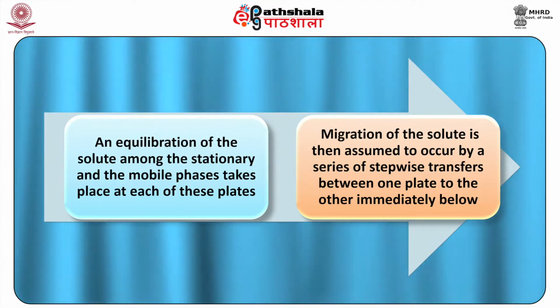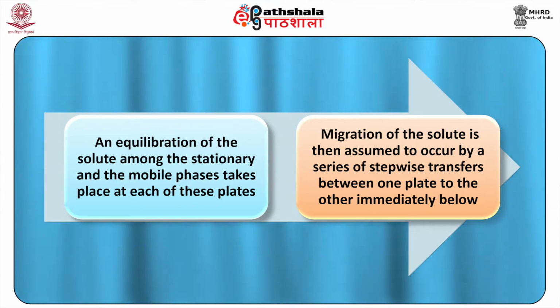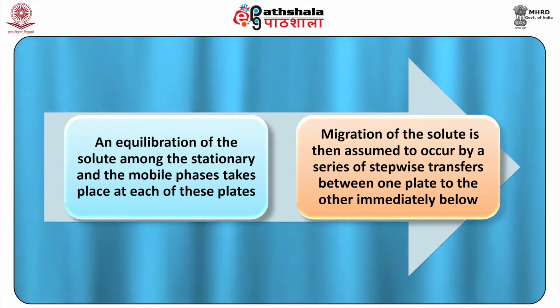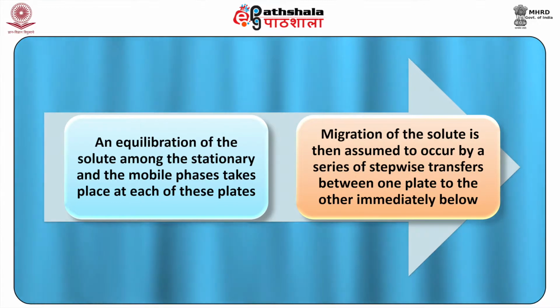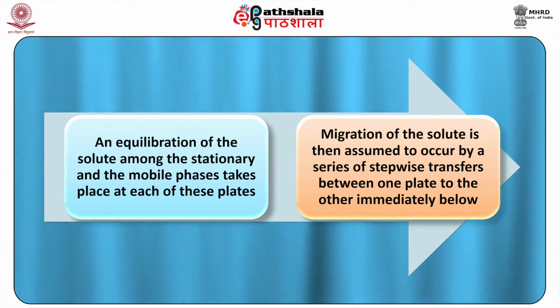An equilibrium of solute between the stationary and mobile phases takes place at each of these plates. Migration of the solute is then assumed to occur by a series of stepwise transfers from one plate to the other immediately below. The efficiency of partition in a chromatographic column increases as the number of theoretical plates increases. This is because the number of equilibria will also correspondingly increase.